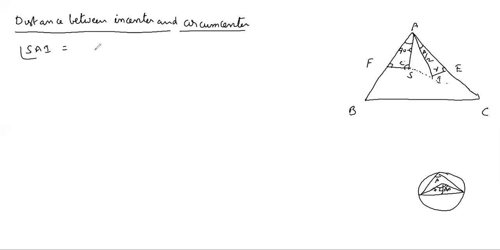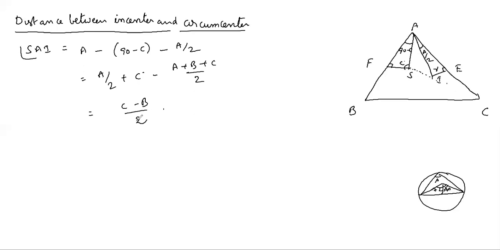So full angle minus A, minus left side 90 minus C, right side A by 2. So A minus A by 2 is A by 2. 90 you can write as A plus B plus C by 2. So by simplifying, A by 2 will cancel. So angle SAI is C minus B by 2.